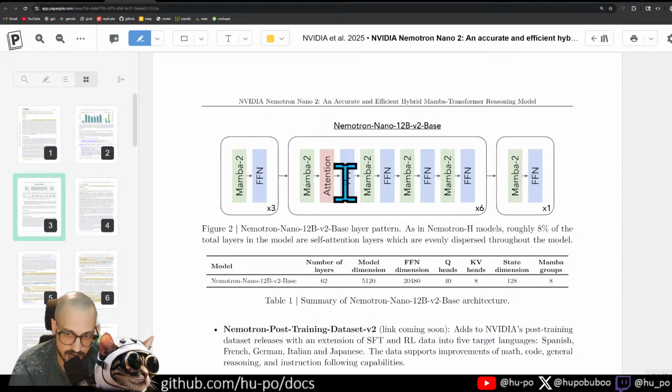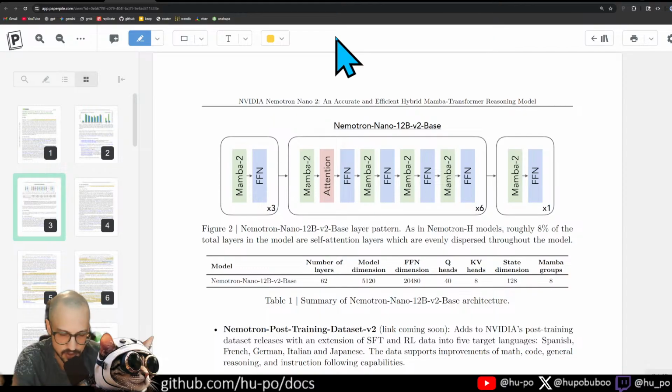MOE is basically having a bunch of these FFNs, and then a little router that chooses which FFN to go to, and some of those FFNs are not on the GPU. Some of them are basically not used. That's what the whole active parameters versus total parameters is: how many parameters are you actually using versus how many of these FFNs were on a different GPU or not used for this particular inference.